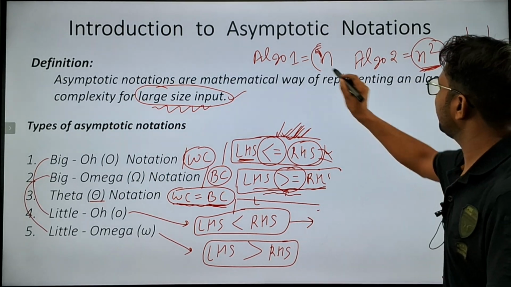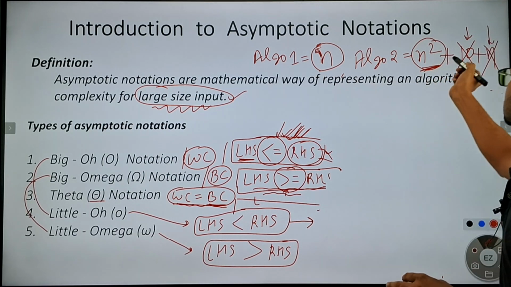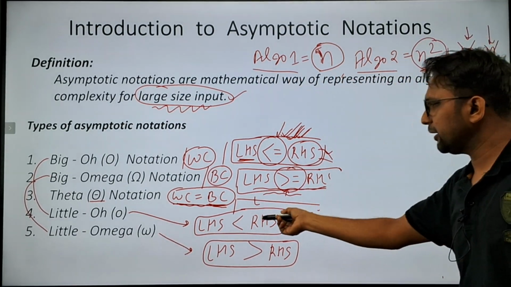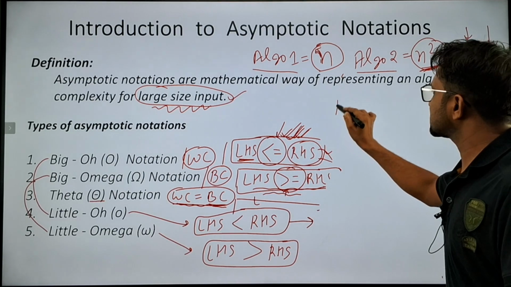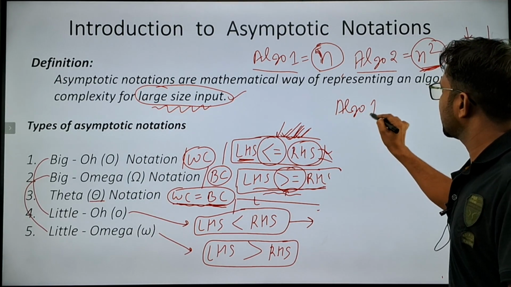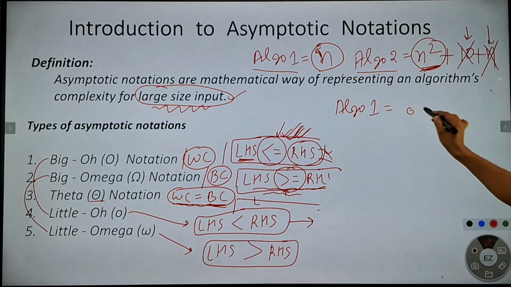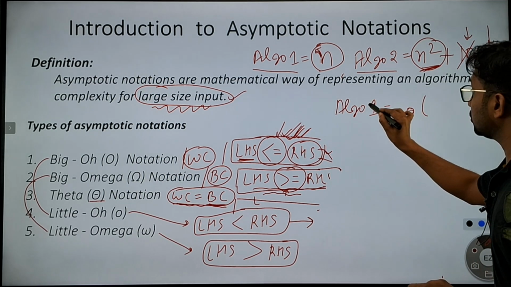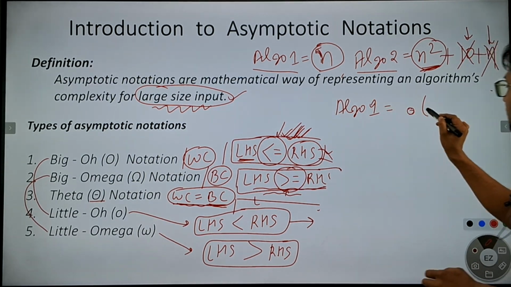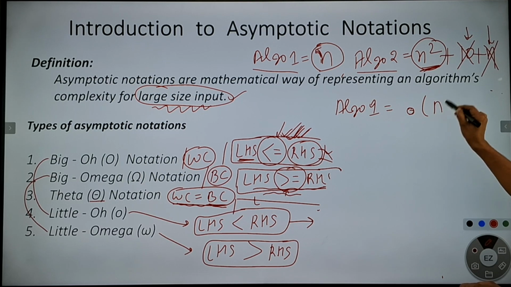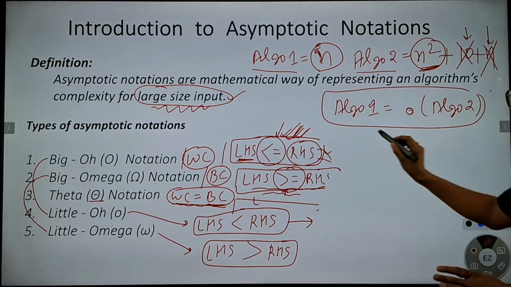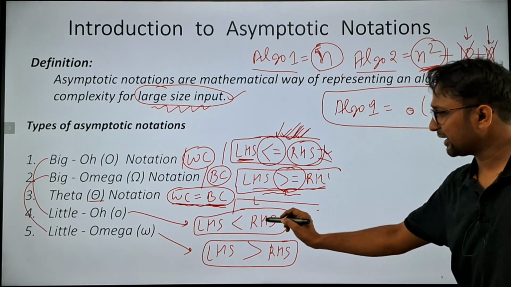If these two algorithms are given to us, I can represent the relationship between algorithm 1 and algorithm 2 by little o notation, like this: algorithm 1 is equal to little o of algorithm 2. Yes, we can represent it this way, because we know that the left hand side should be less than the right hand side.